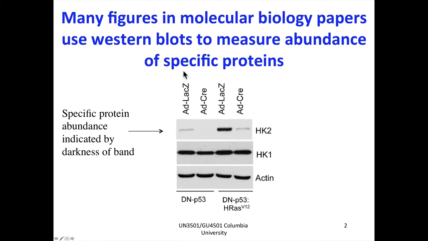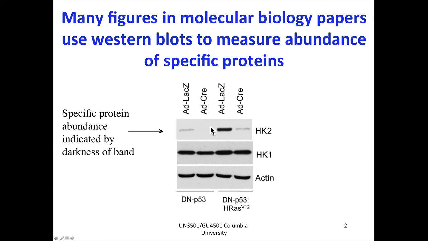So in this case, for example, if we just infect the cells with the LAC-Z adenovirus, that's really a control treatment, then we see there's a low level of hexokinase 2. If we add in HRAS V12, we get a lot more hexokinase 2 protein, comparing the first and the third lanes there. So the effect of HRAS V12 is to cause more hexokinase 2 protein to appear in the cells.